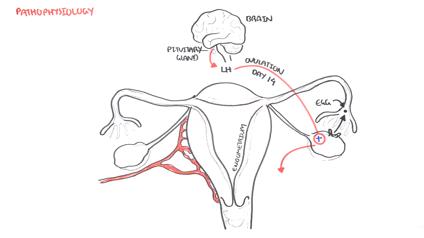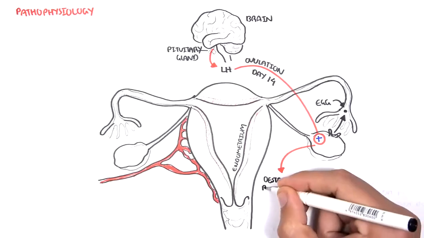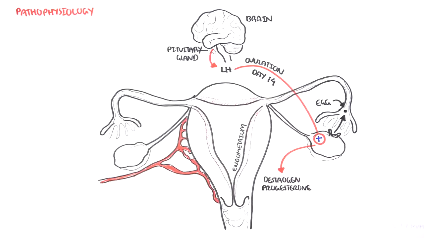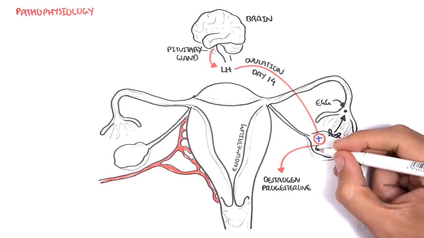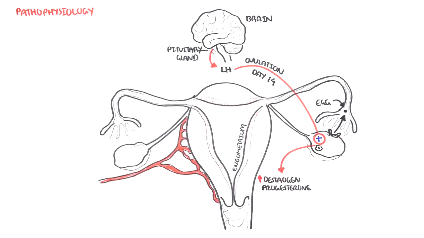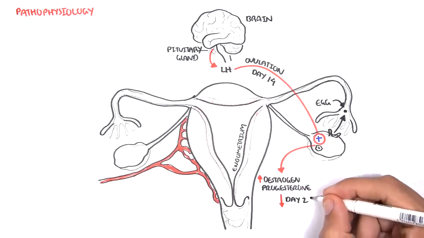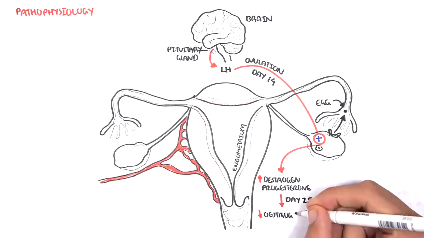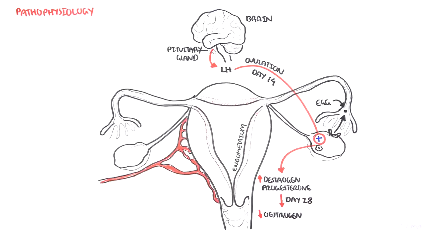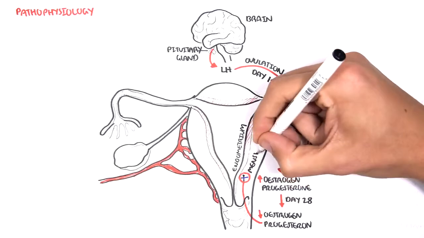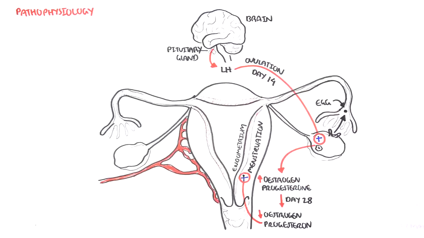During this time before the period, the ovary is actually still producing estrogen and progesterone. But by day 28 of the female reproductive cycle, the estrogen and progesterone levels drop. And with the drop of estrogen and progesterone, this will stimulate menstruation. And so the endometrial lining will shed and you get a period.